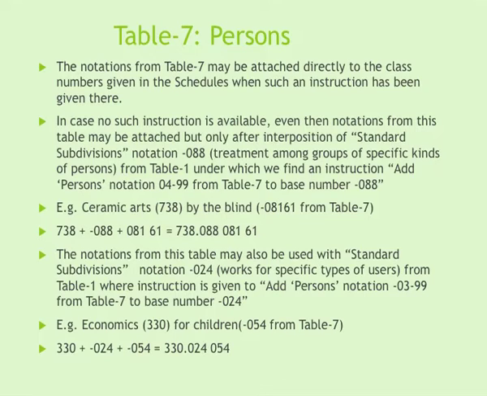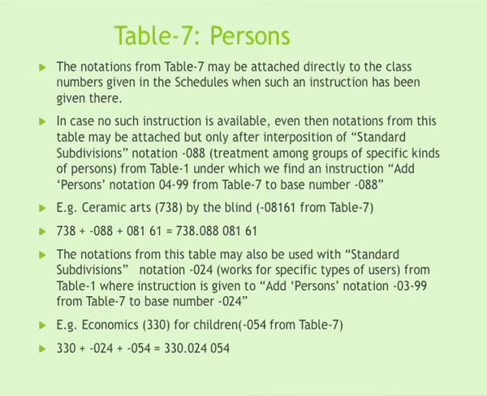So, what do we do? We first add 088 from table 1. So, 738 plus 088 plus 08161. Our complete class number will be 738.088 08161, Ceramic Arts by the Blind Persons. So, we can use 088 if no instruction is given to attach table 7 number. This is an example of that.